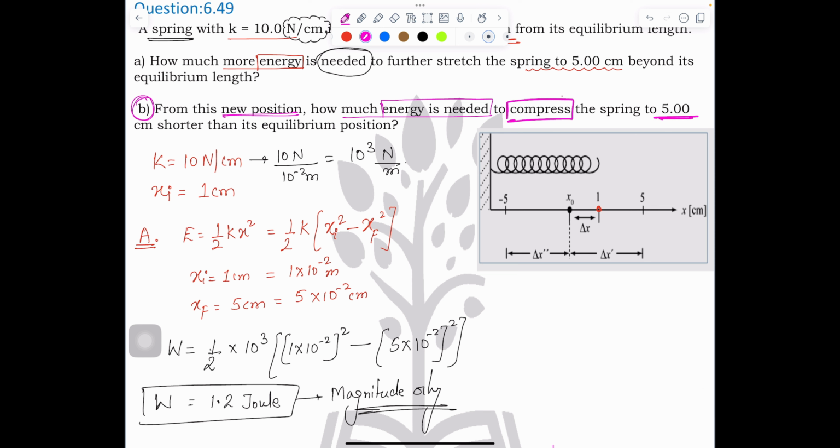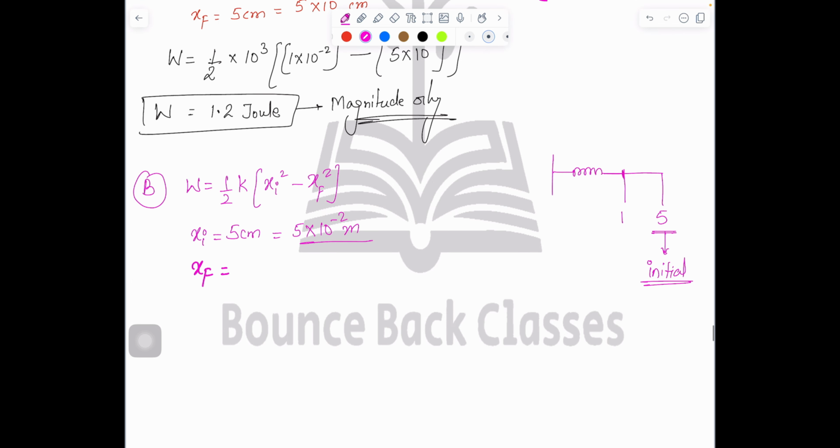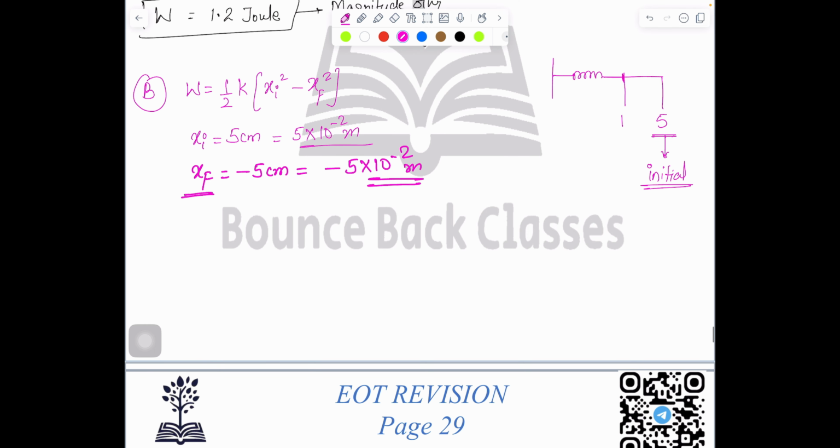x final: the spring is compressed. We are moving this side, from this position to this position, 5 centimeter shorter. So here it should be negative 5 centimeter, which is negative 5 multiplied by 10 raised to negative 2 meter. Fine, place the values.